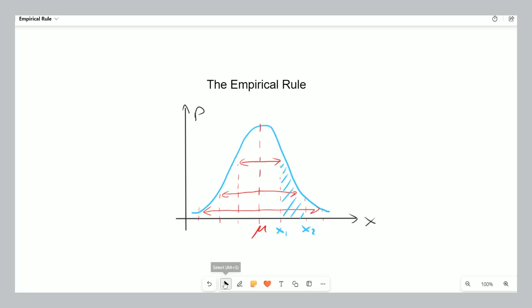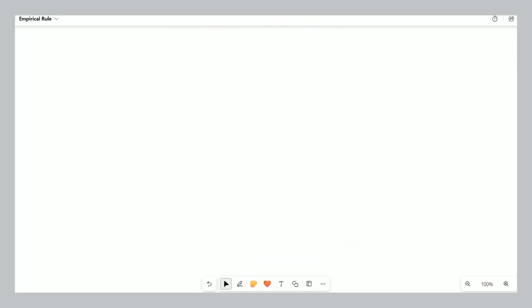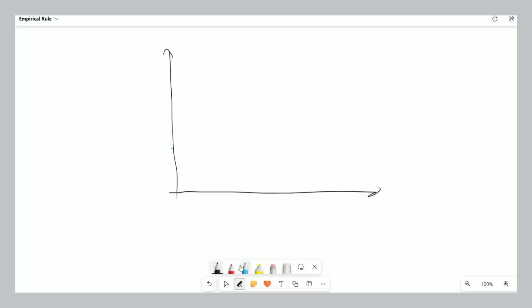So, in a normal distribution, you have your bell-shaped curve, and the location of the peak depends on your mean value, and the width of that peak depends on your standard deviation.